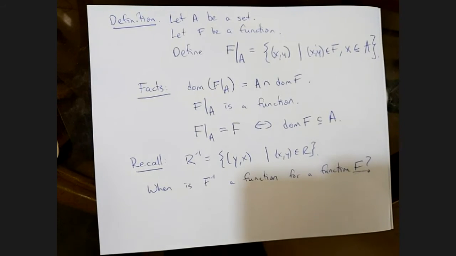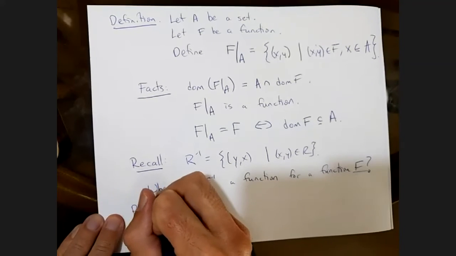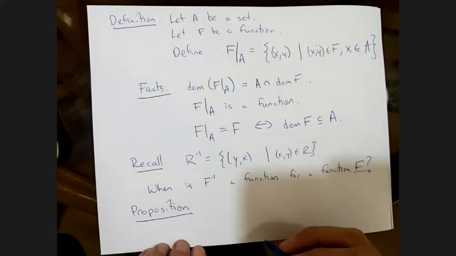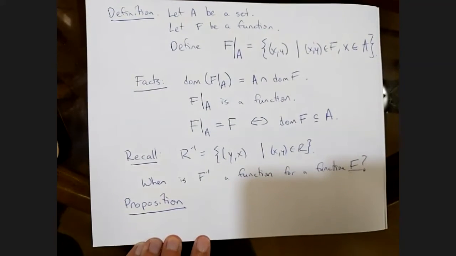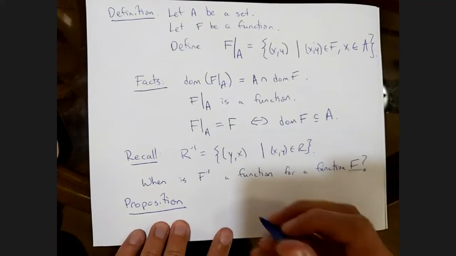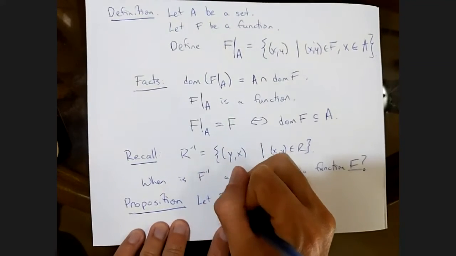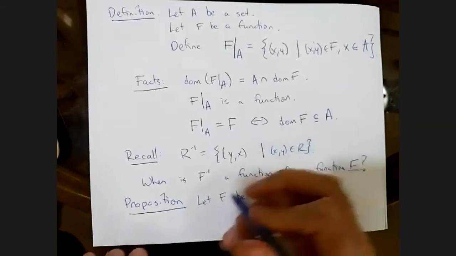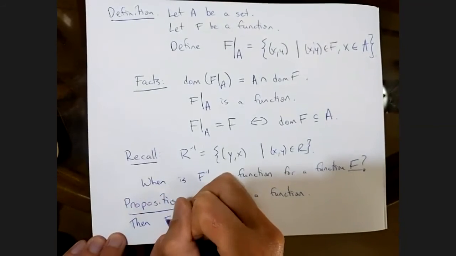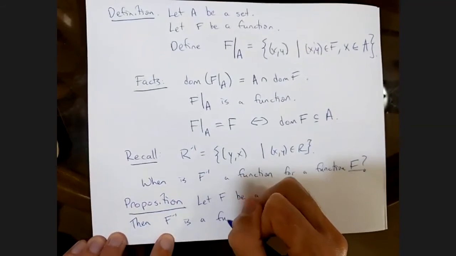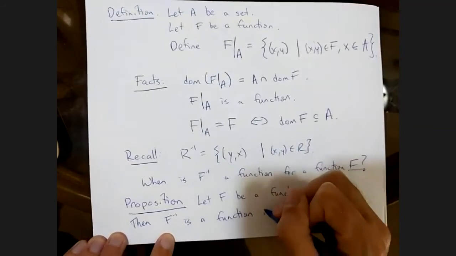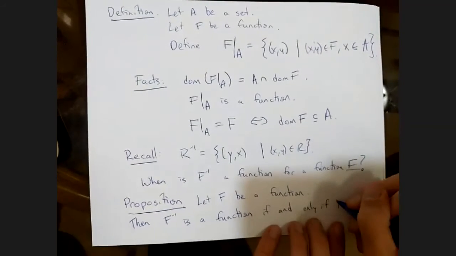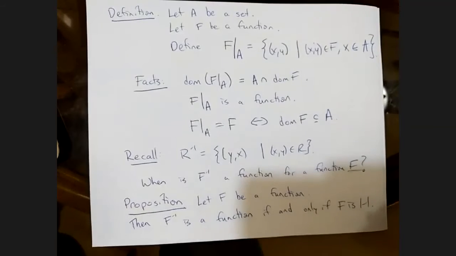Okay, so let me just write our proposition. And after I write down this proposition, I'll give you an example to tell you what I mean. Let F be a function. Then F inverse is a function if and only if F is one-to-one.